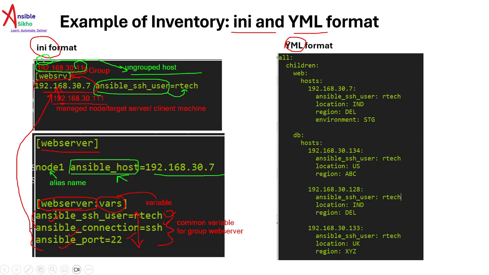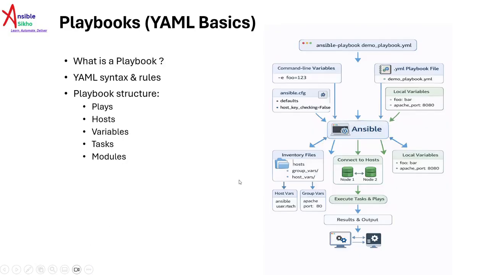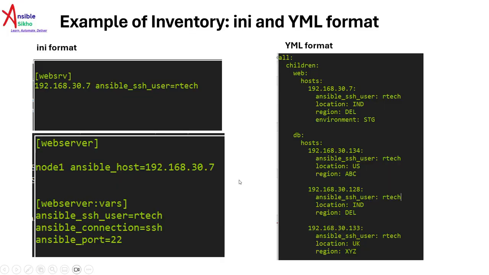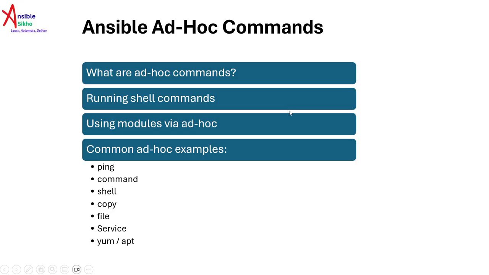It means this host and this host, both the hosts will have the same kind of variables. They have the same kind of property. That is the reason this format is used here: assign all the variables to this particular group. Okay, now we come here.